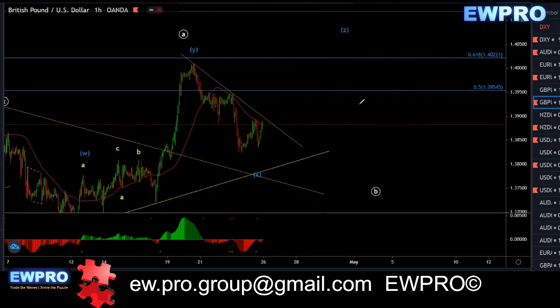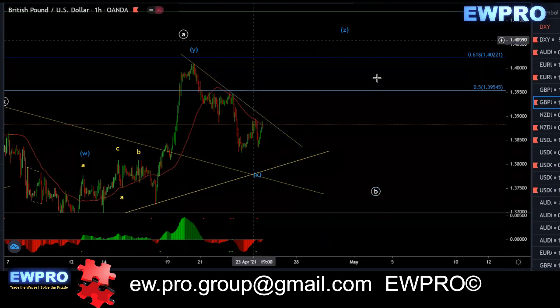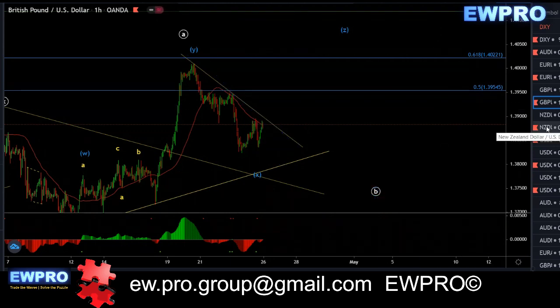We haven't broken out of this trend line, and this can still give you an A, B, C up and one more down, to give us that bullish divergence to finish off this B wave and then go. So wait for the trend line break, buy setup, and then look for your buy.